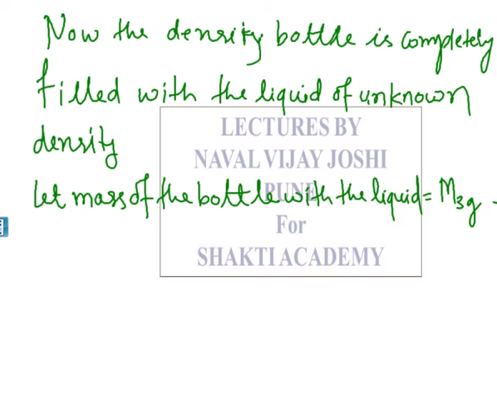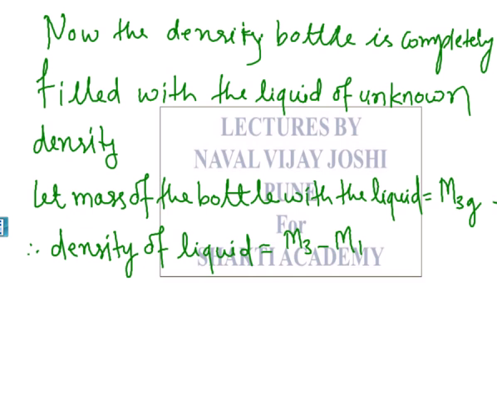Now see the formula. Therefore, density of liquid is equal to the mass of the bottle with liquid, m3, minus the empty bottle mass, m1, since we already found the mass of the empty bottle. This gives us the mass of liquid only, divided by the volume of that liquid.